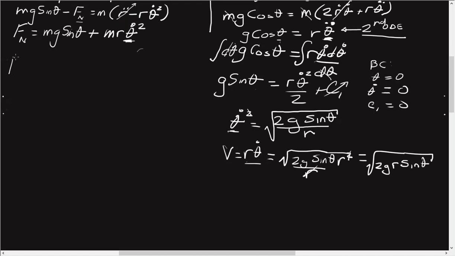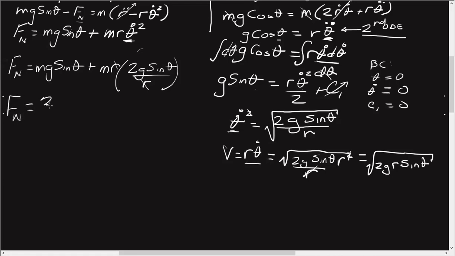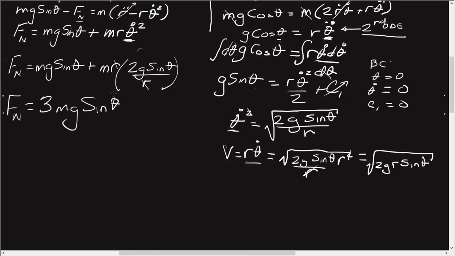So if we use that, Fn will be mg sine theta plus m r times theta dot squared, bring the radical back over, is 2g sine theta on r, at which point the r's drop out. And note that we have 2g sine theta, another mg sine theta, so Fn will be 3 mg sine theta.